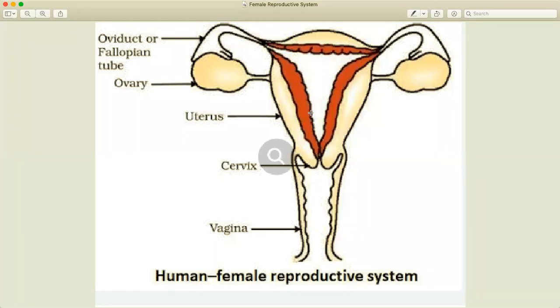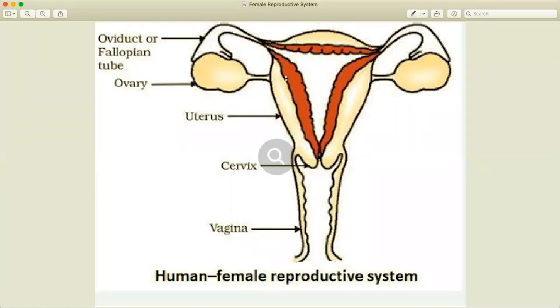In case the eggs are not fertilized, what happens is that when the ovary releases the egg, at that time the walls of the uterus become thickened. Every time the ovary releases an egg or ova cell, the wall of the uterus thickens and gets richly supplied with blood.